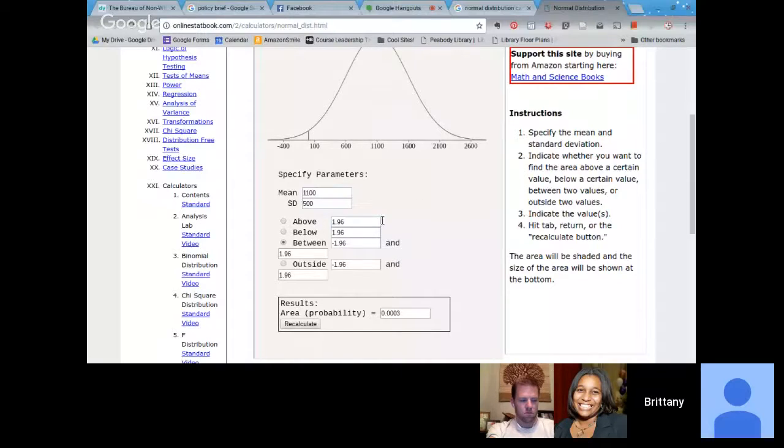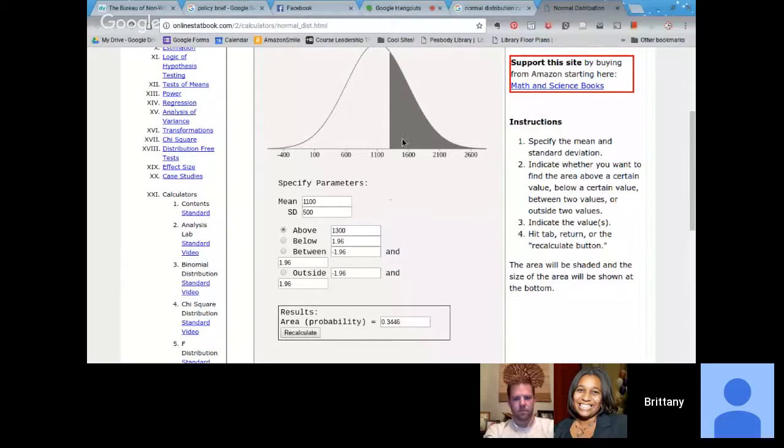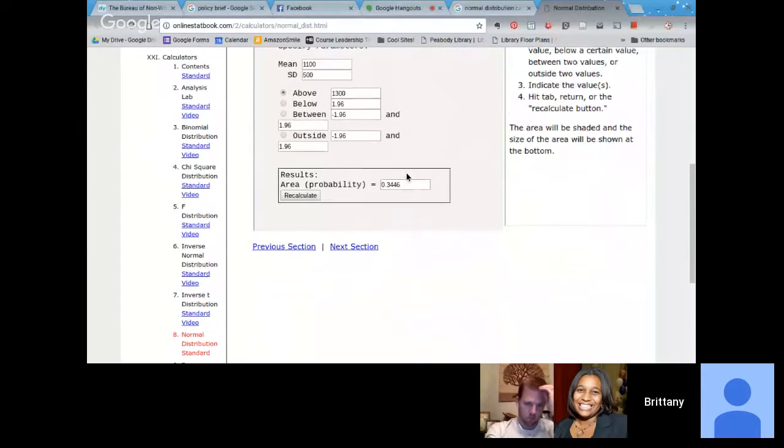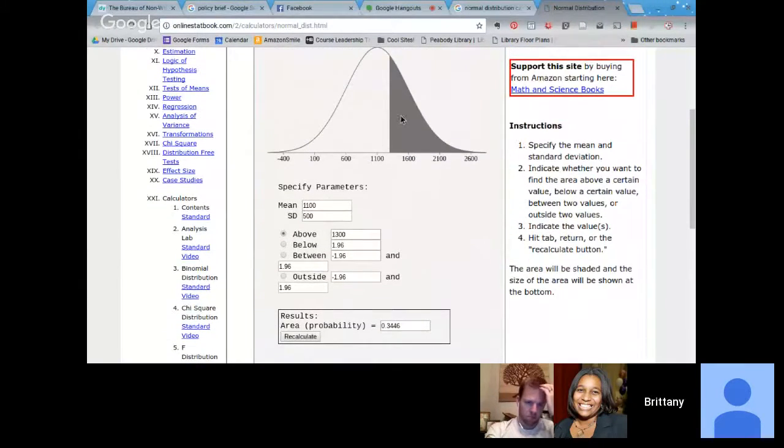If you wanted to know what percent of students scored above a 1300 on this particular assessment, you can type in 1300, and down here we have the probability. What's shaded here are all the students who scored above a 1300 on this assessment, where the mean is 1100 and the standard deviation is 500.